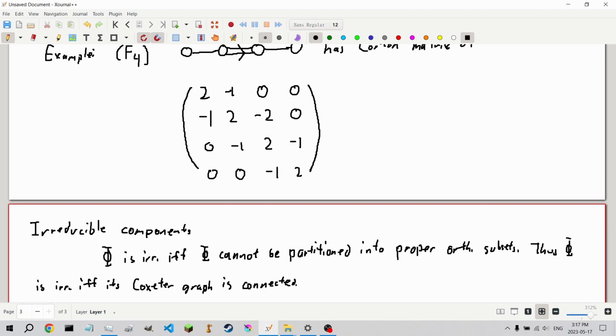So your Coxeter graph, you're going to be able to split it into connected components in general.